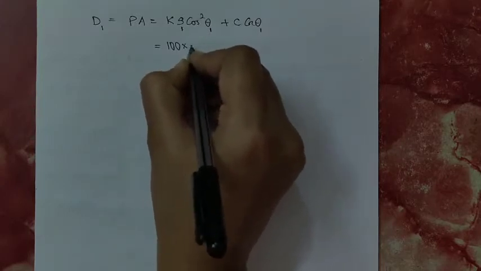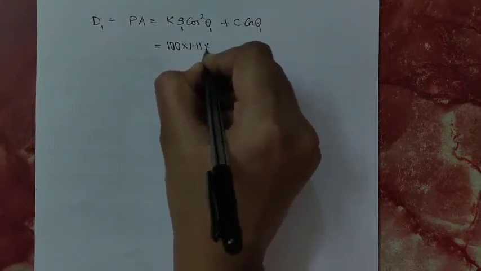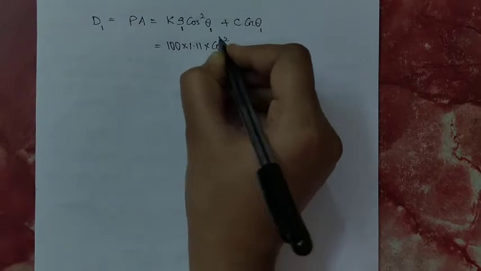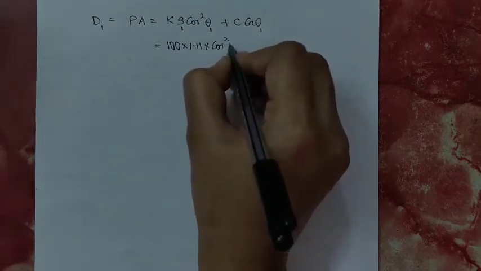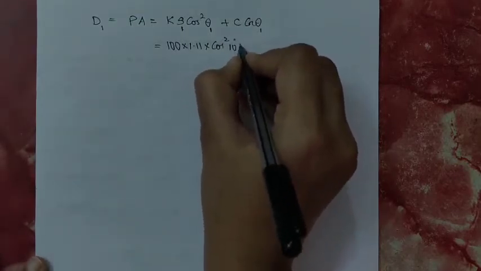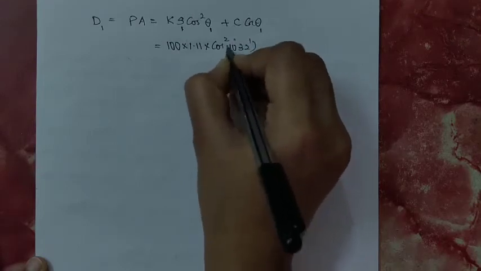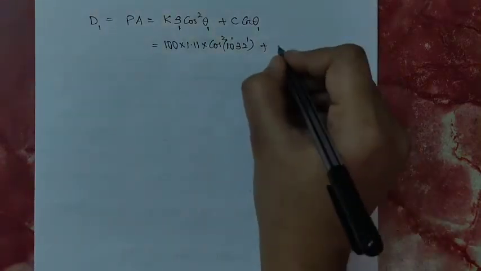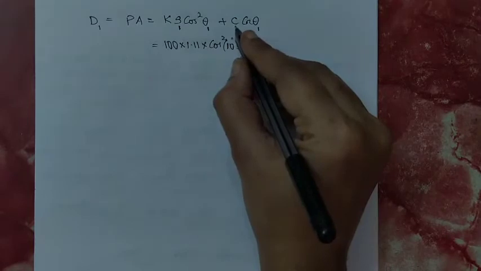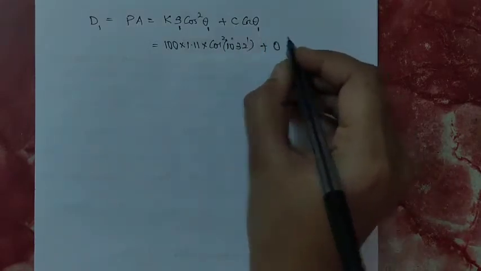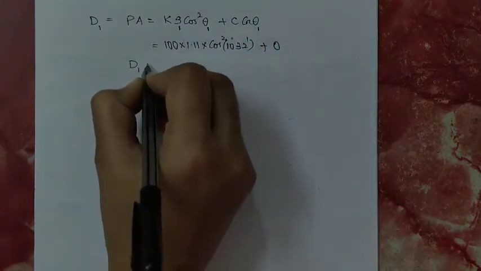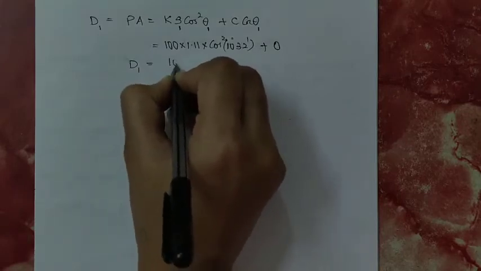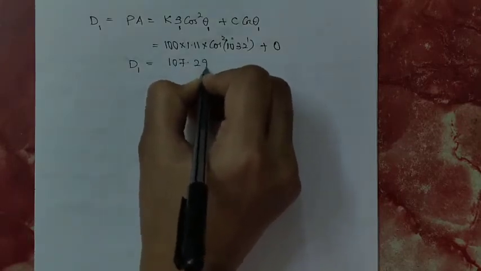S1 value is 1.11 into cos square of theta 1, it is 10 degree 32 minutes, plus C value, it is understood. When K equals 100, if they have not mentioned, it is understood, take it as 0. If C is 0, then C into cos theta 1 will become 0. Upon simplification, you will get D1 as 107.29 meter.